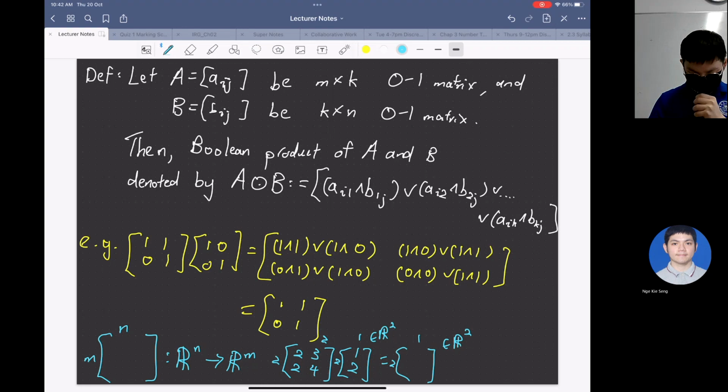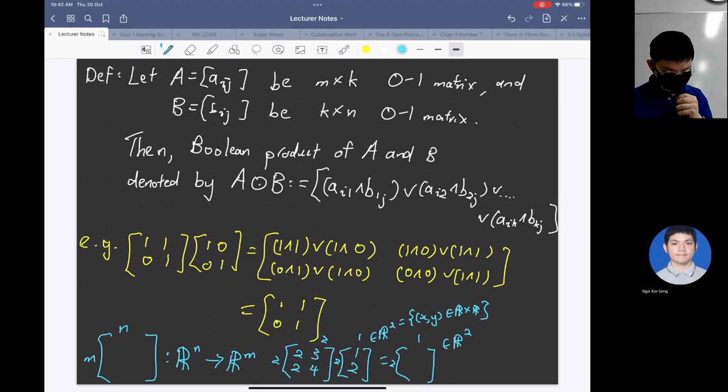Maybe you will think that R2 is a tuple, a Cartesian product. There's another way to write this R2, which is using this vector notation. So this matrix will send the vector (1, 2) to (8, 10).